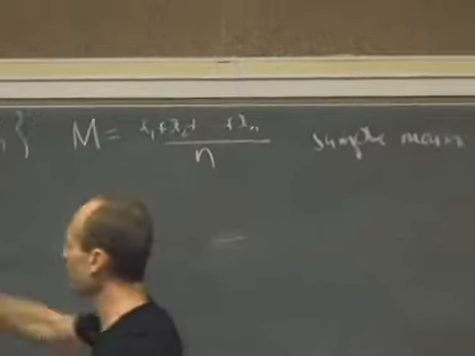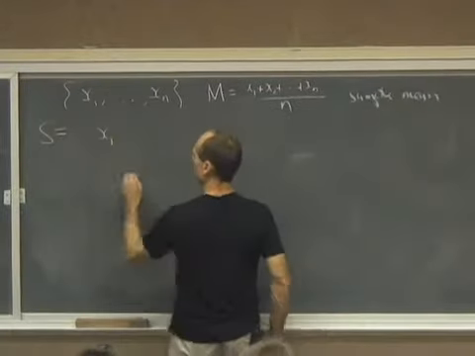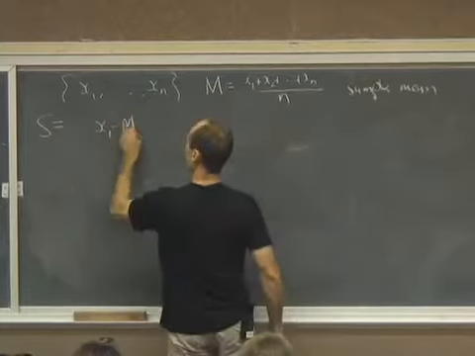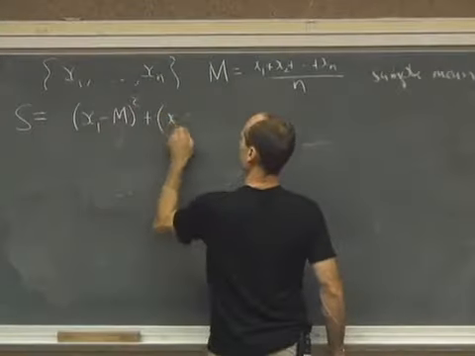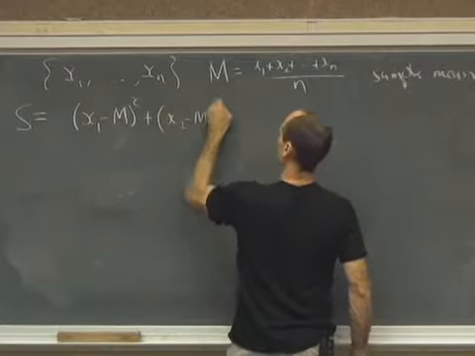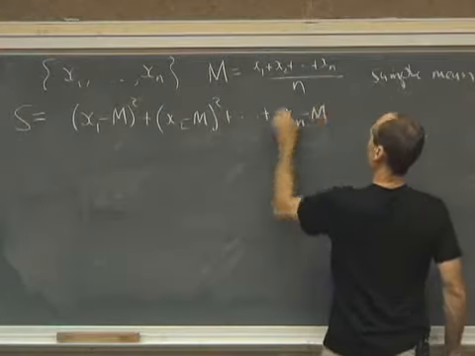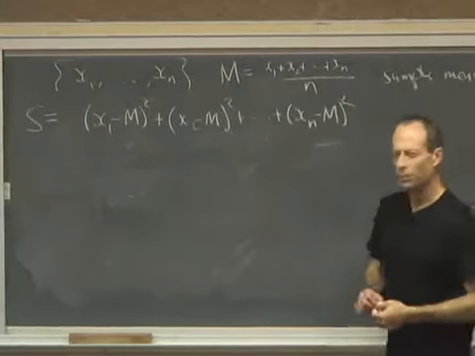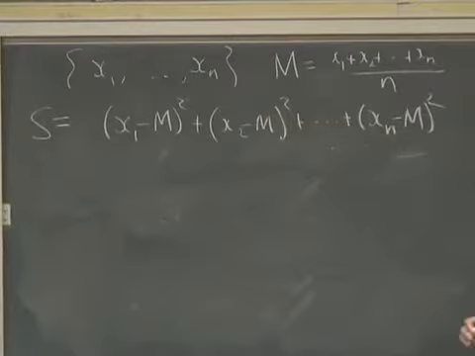Then the way we form S is we start by taking the residuals between the data and the sample mean, squaring them. And we want the RMS of the residuals.